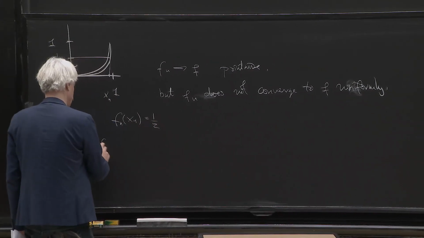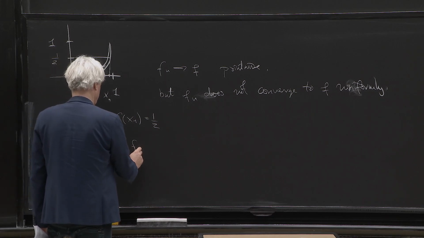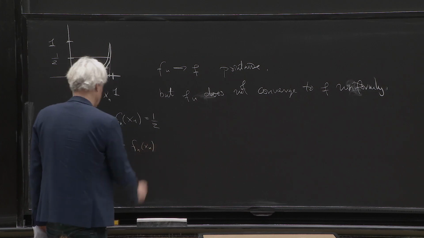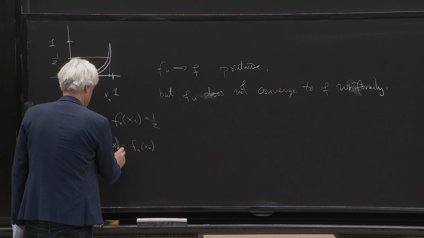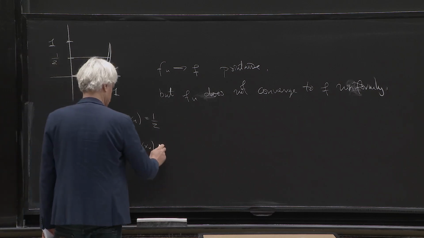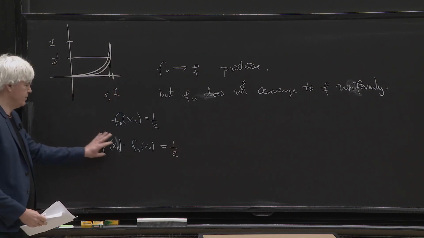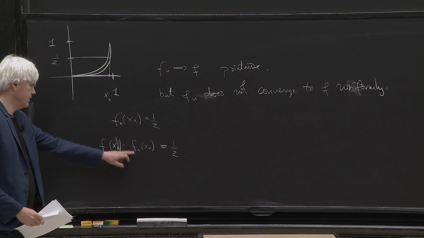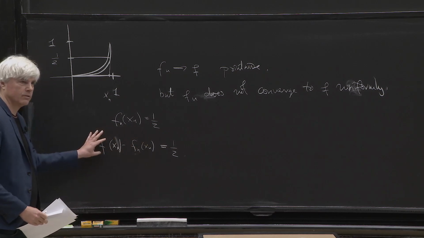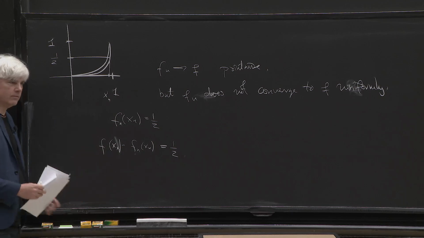But now if you're looking at fn of xn minus f of xn, this difference is actually just a half. And this difference should be small if n was sufficiently large, it should be small for all x, but it's not. We've used one particular x to show that it wasn't.